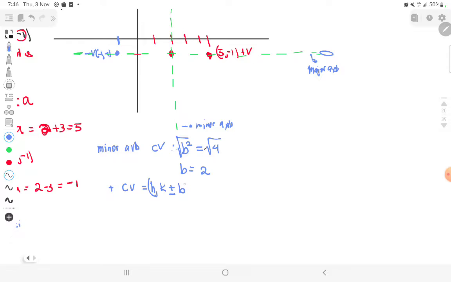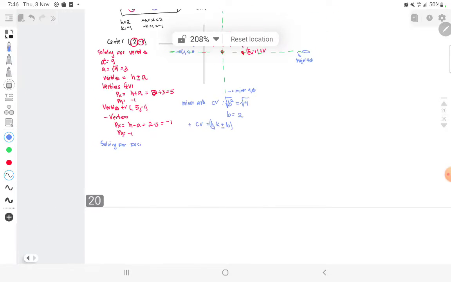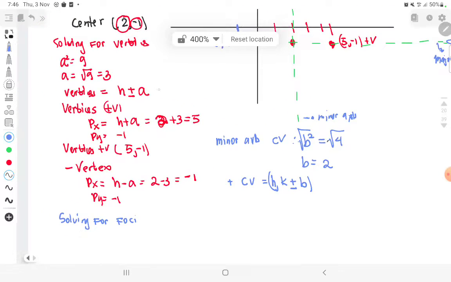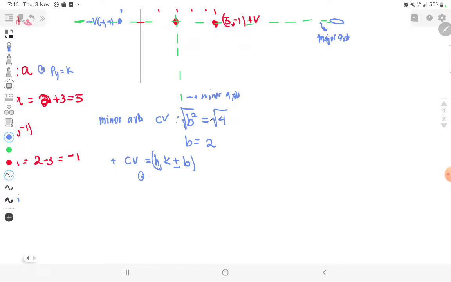So I will just put here py is equal to k, and px is equal to h. Now for our py we'll have k, which is equal to -1 plus, for positive CV, plus b, which is equal to 2, so we'll have +1, and our px is our h, which is equal to 5.